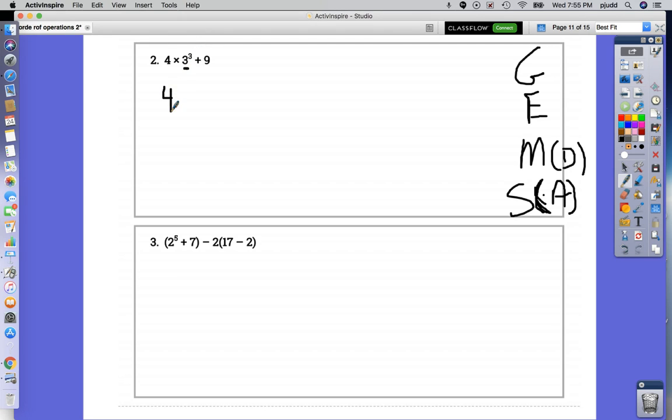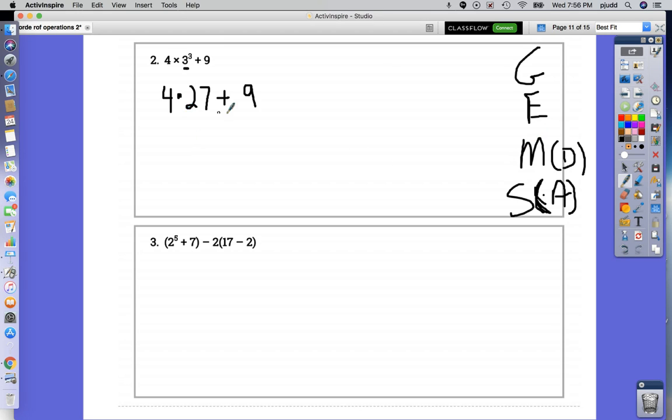So I know that I need to clear this exponent first. So I'm going to bring down 4 times 3 to the third power. 3 times 3 is 9. 9 times 3 is 27. And I'm going to bring down plus 9. So I have cleared my exponent. I'm going to look next, either multiplication or division, left to right.